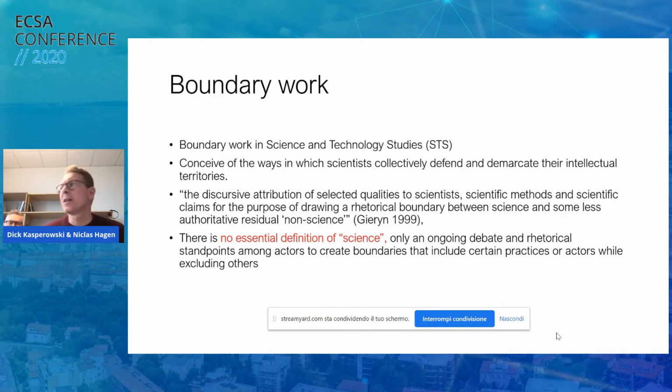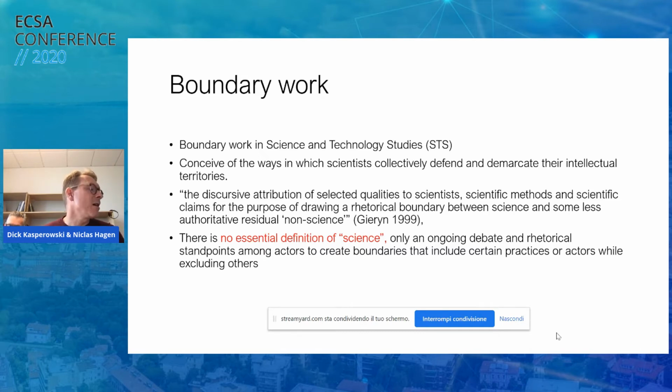In this presentation and the underlying paper, my co-presenter and I intend to investigate the notion of ethics in citizen science by employing a concept originally developed within Science and Technology Studies, STS. In STS, the concept of boundary work has been used to conceive of the ways in which scientists collectively defend and demarcate their intellectual territories.